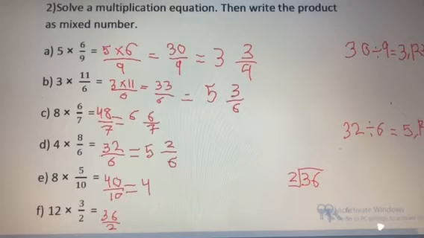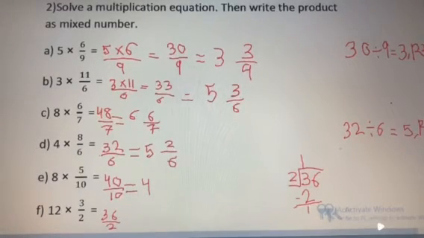I will use long division. 3 divided by 2. Which number do I multiply by 2? The answer will be 3 or less. Just 1. 1 multiply 2 is 2. Now 3 minus 2 equals 1.